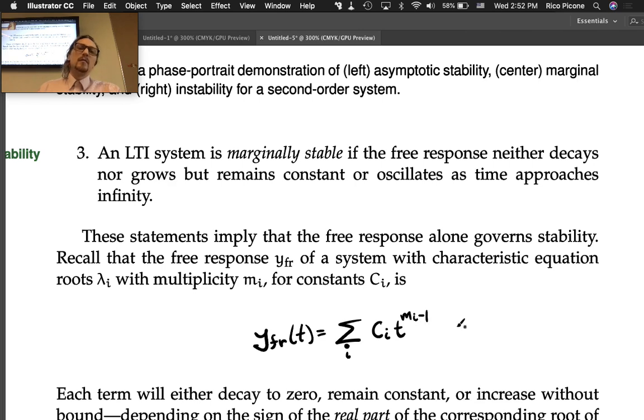So most of the time the multiplicity is 1, but if you have a double root, it's 2. A triple root, it's 3. Times e to the lambda_i t.